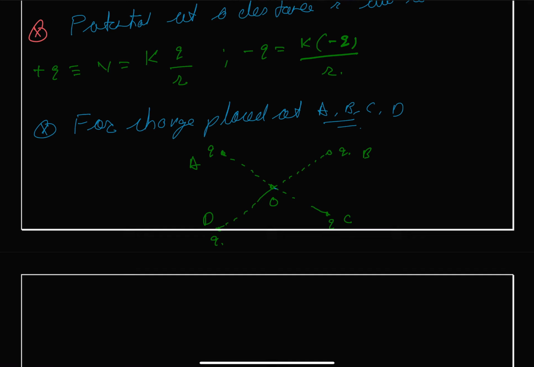So this will be EA, this will be EC, similarly we have EB, and this will be ED.